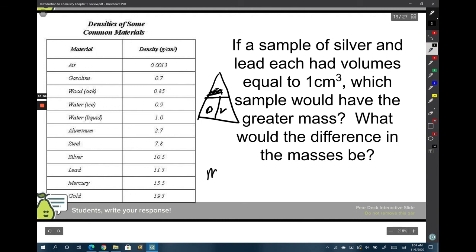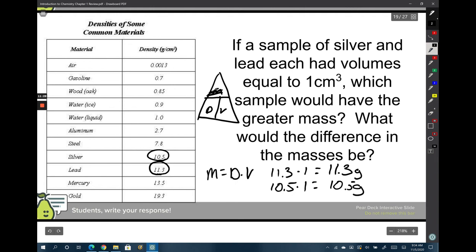So we know that mass equals D times V. So if we are doing that for lead, the density is 11.3, so it's 11.3 times 1, which is 11.3 grams. If we do this for, what was the other one? It's silver. Silver is 10.5 times 1 equals 10.5 grams.